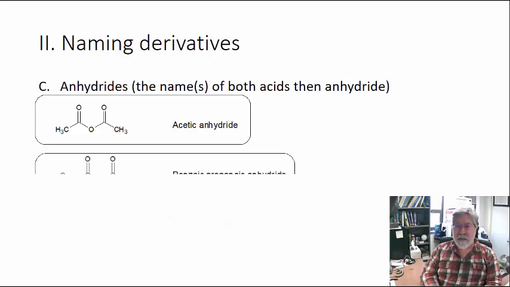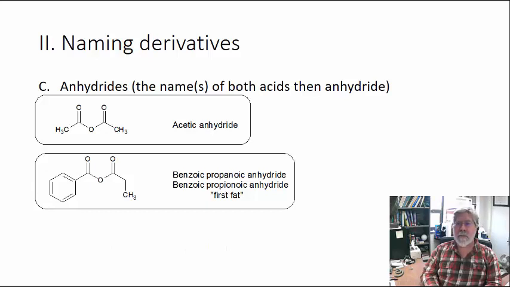So in the second example, you look at it, I hope you recognize that benzoic acid is present. And the other side, the right-hand side, that's propanoic acid. So option number one is benzoic propanoic anhydride. Notice it's three words. Don't smush this together. Wouldn't be prudent.